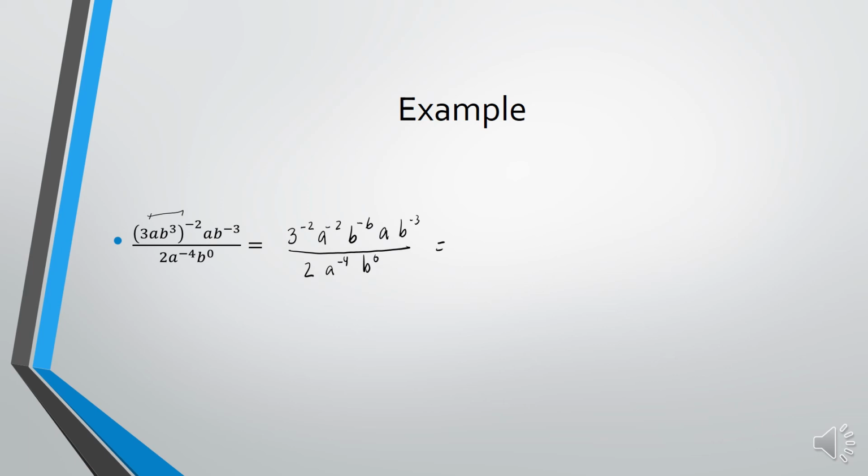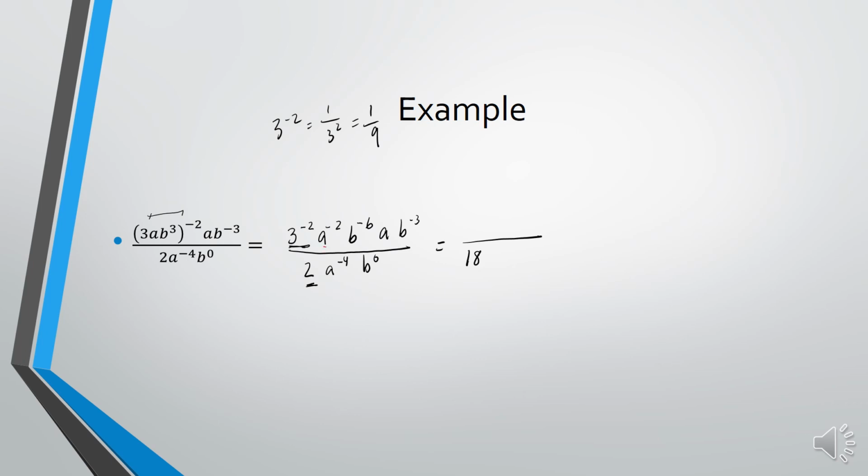Okay, so first thing I'm going to do is let's look at our coefficients. So I have a 3 to the negative 2 and a 2. Well, that 3 to the negative 2, what that really means is 1 over 3 squared, which is 1 over 9. And I already have a 2 on the bottom, so I think that makes us have an 18 on the bottom.